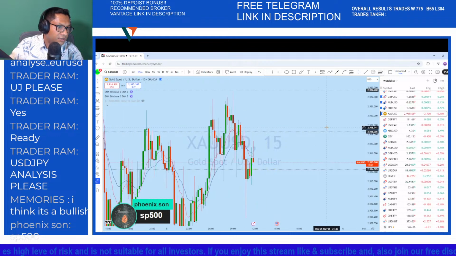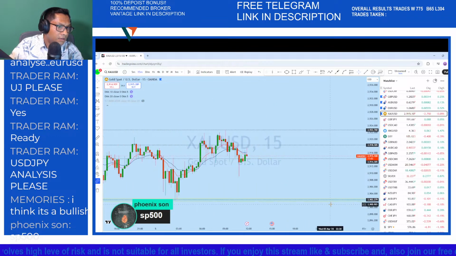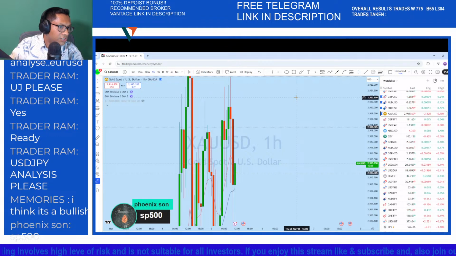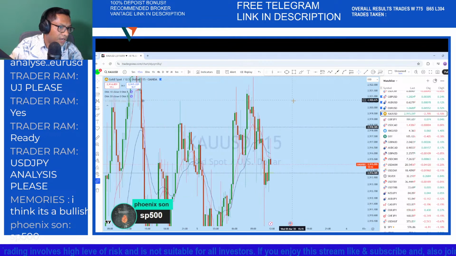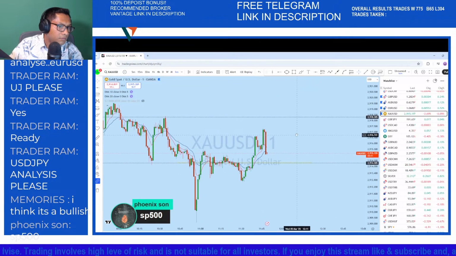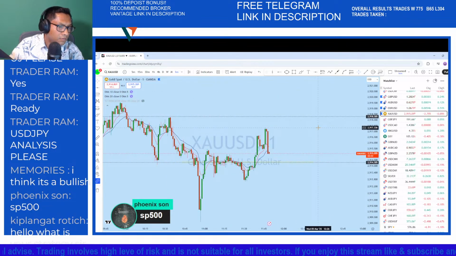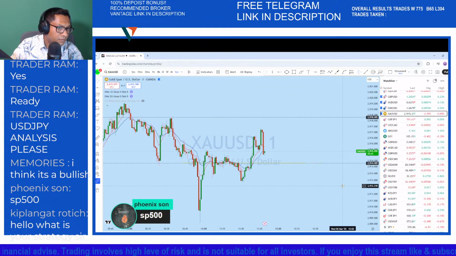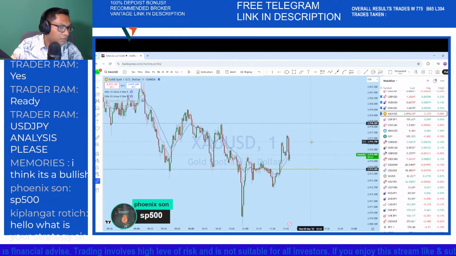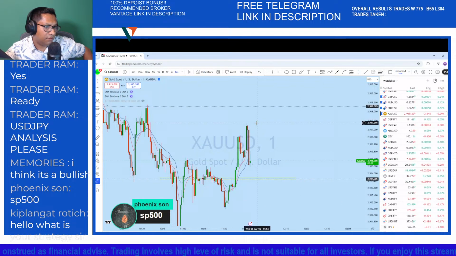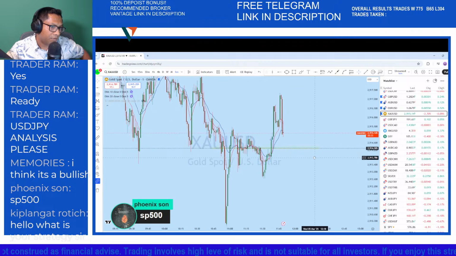On the 15 minutes and 1 hour, we see where the price might be heading. So there is again a breakup structure in that area.